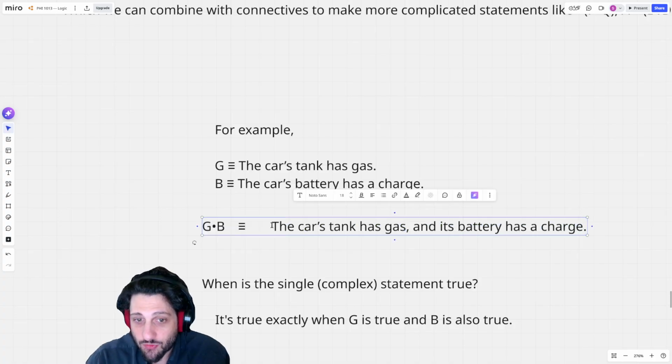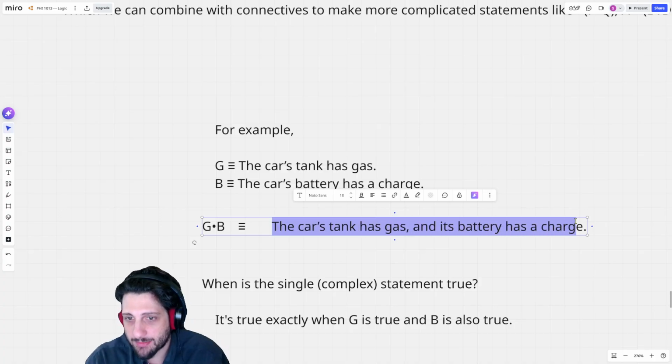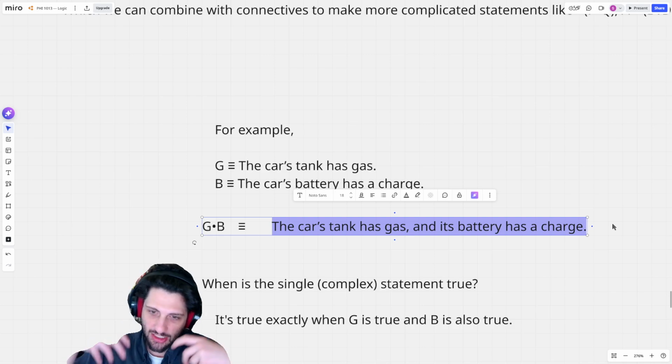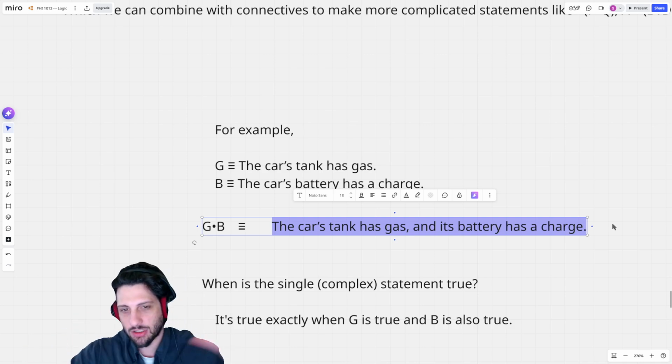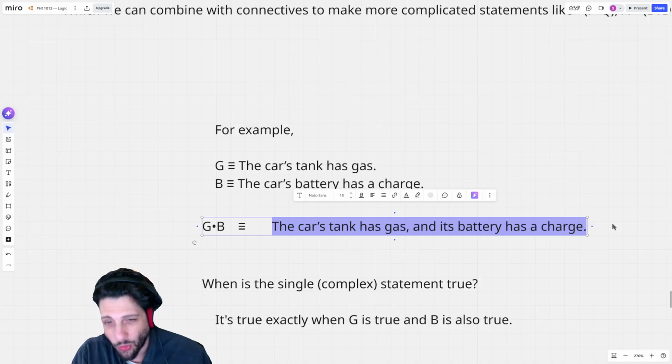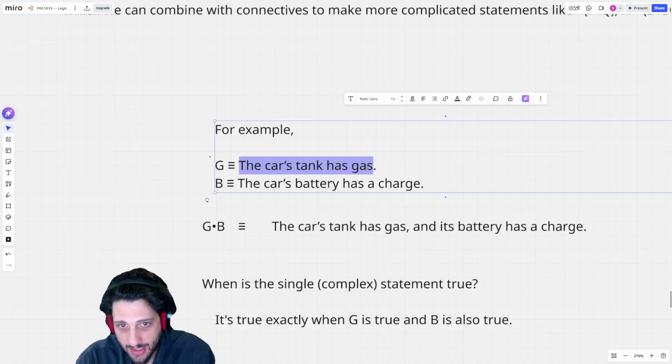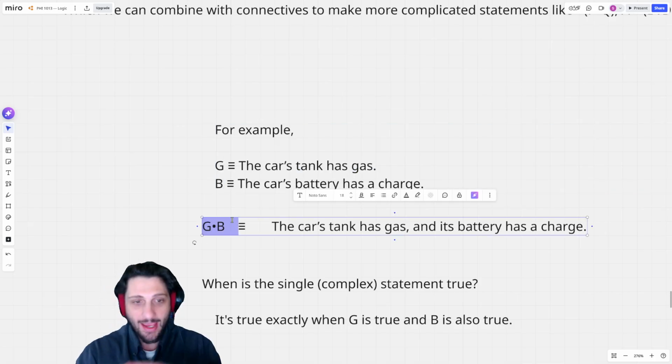Well, I would say it's wrong to say that the car's gas tank is full and its battery has a charge. It's wrong to assert that conjunction. That statement as a whole is false. It's still true that the car has gas, so G is still true, but B is false, and that makes the complex statement G and B as a whole false.